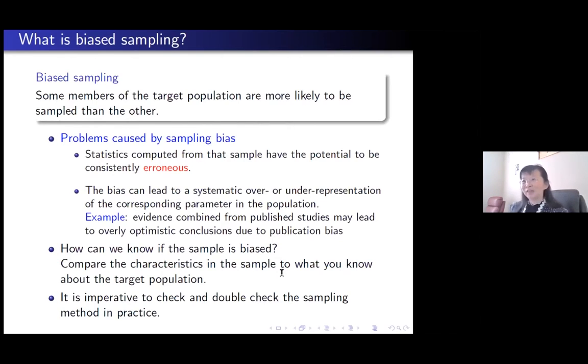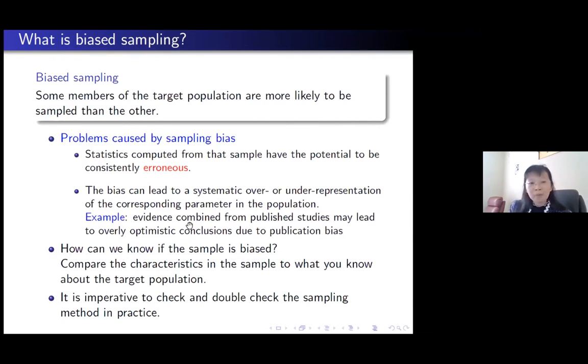Of course, it will cause problems in our data analysis, because any statistics computed from the observed data have the potential to be systematically inconsistent. The bias can lead to over or under representations of corresponding parameters in the target population.